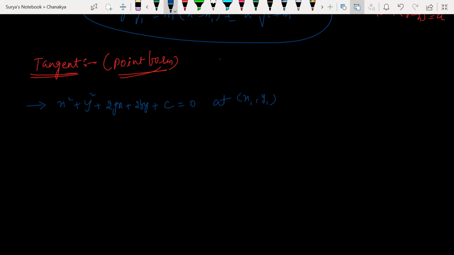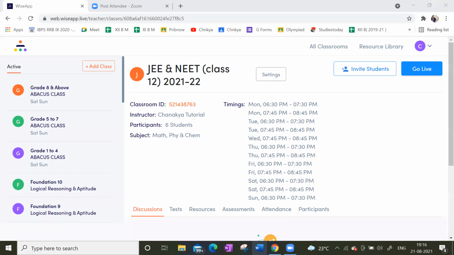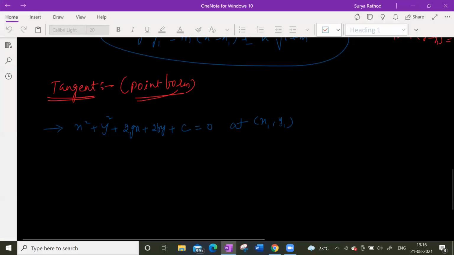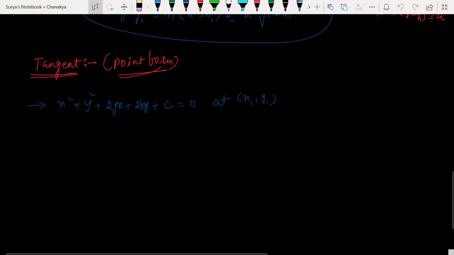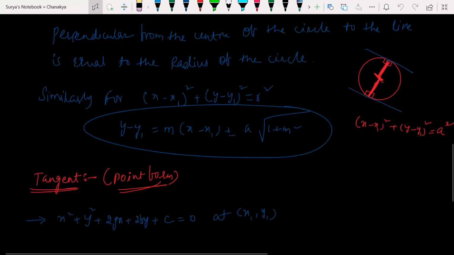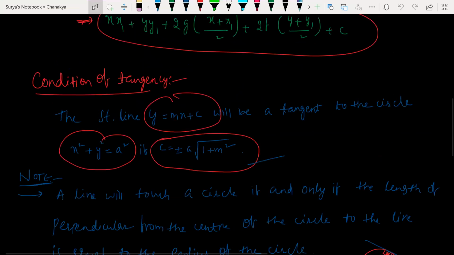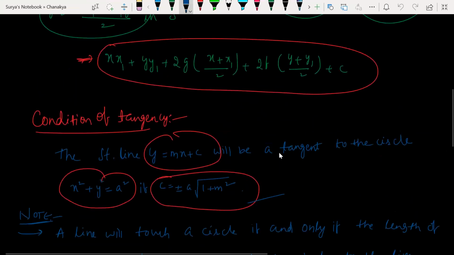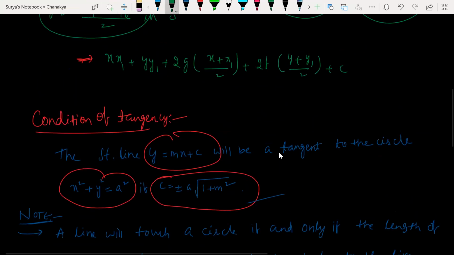T is equal to 0. What was my t here? This was my t equation. You can simply denote this equation as t here.